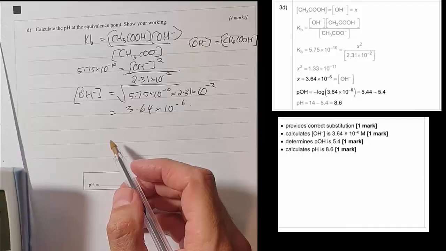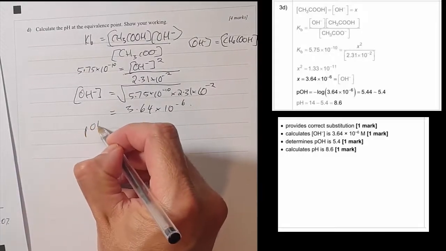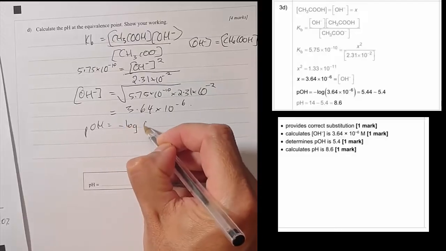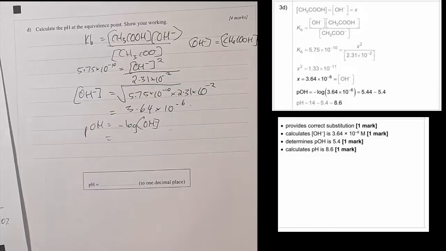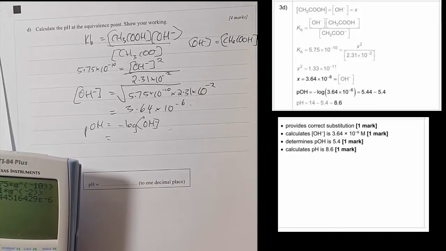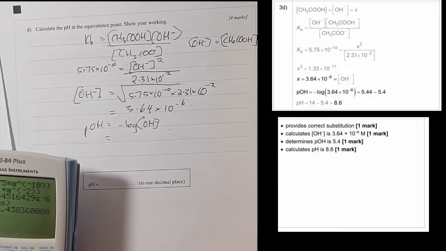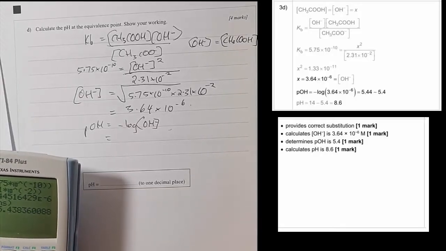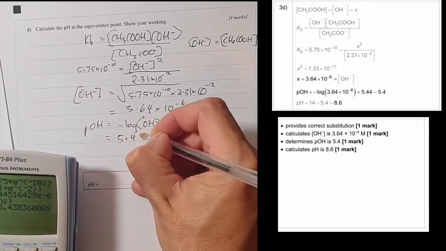Okay, so that's all the hard work done. The rest of the pH calculations are a lot easier. So pOH equals negative log OH concentration. Is there an answer button in here? Oh, there is. All right, so that's 5.44.